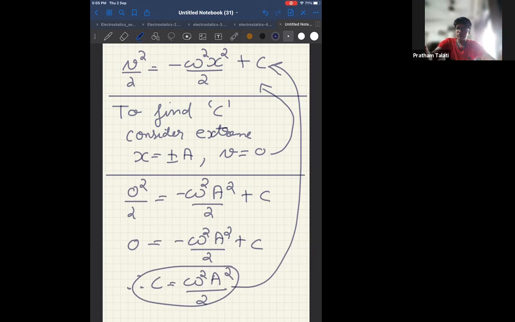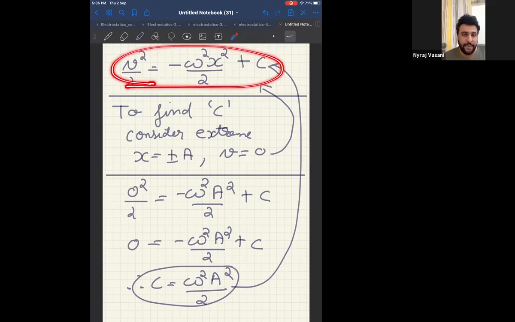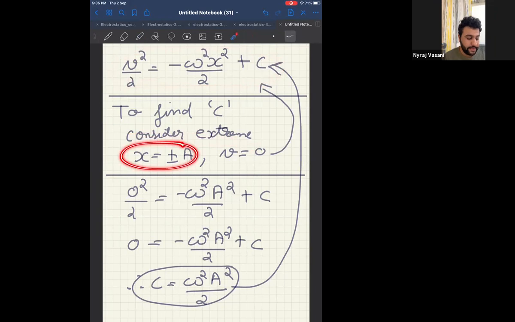Sir, can you please explain again how you found c? How did I find the constant? See, this is my equation. Now I considered extreme position. At extreme position, I know from my last class that displacement is always plus or minus a and velocity is 0.